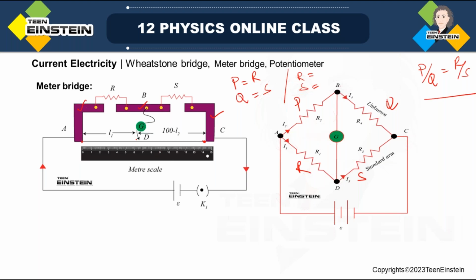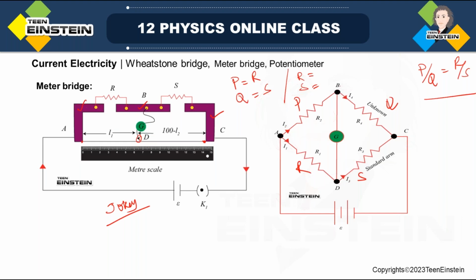See, first of all, on this wire, this arrow is actually showing the jockey. What is the work of the jockey? The work of the jockey is to slide over the wire all the way from A to C and make a contact. I have already told you what P and Q are in this case, but what are R and S?